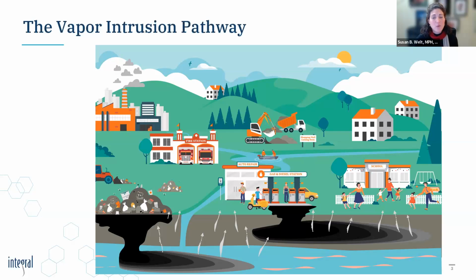And there's driving forces to actually have the vapors be able to migrate into the building through these pathways. One or more of these vapor-forming chemicals that are in the subsurface is present in the indoor air. And the most important one I would like to focus on is that the building is occupied, or if there's more than one building, the buildings are occupied.